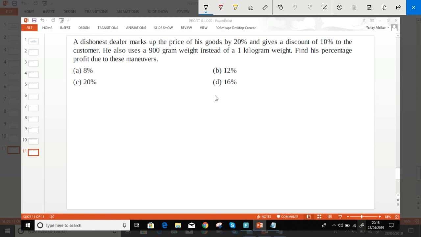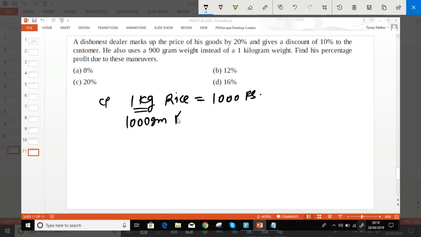Find his percent profit due to these maneuvers. In such questions always start by assuming the price of 1 kg of goods. So let us assume the cost price of 1 kg rice is 1000 rupees. Now understand 1 kg is nothing but 1000 gram. 1000 gram rice is 1000 rupees.